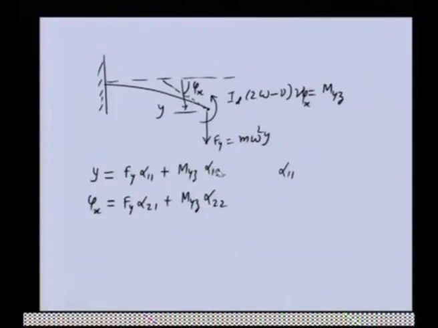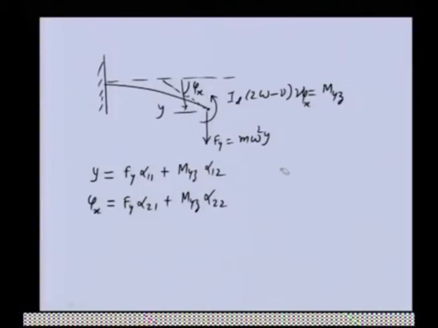Similarly, alpha 12 is a linear displacement for unit moment when we keep all other forces 0. On the same lines, we can define alpha 21, that is an angular displacement for unit force keeping moment 0, and it is very clear that alpha 22 can be defined as angular displacement for unit moment and keeping all other forces equal to 0.